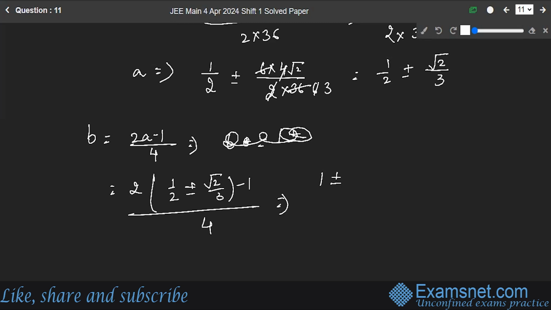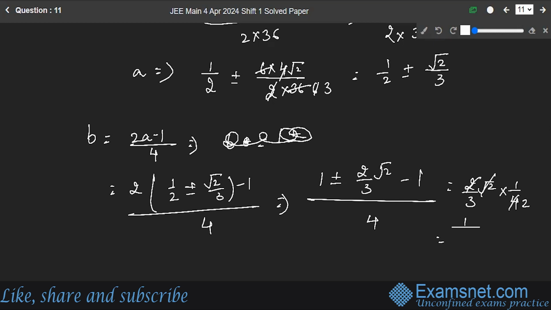This is equal to 1 plus minus 2 upon 3 root 2 minus 1 upon 4. And this will be like 1 and 1 will go away, and you will have 2 by 3 root 2 divided by 4. So this will also cancel root 2. Okay, so these are the values for A and B.